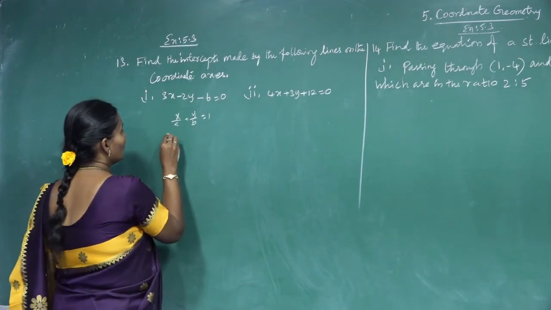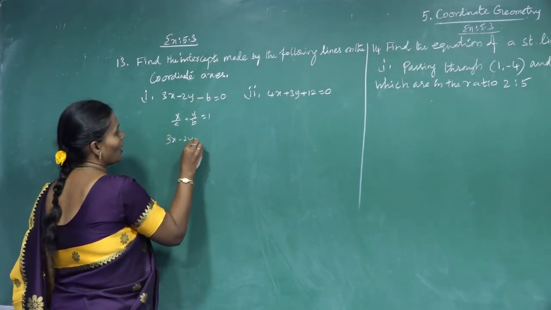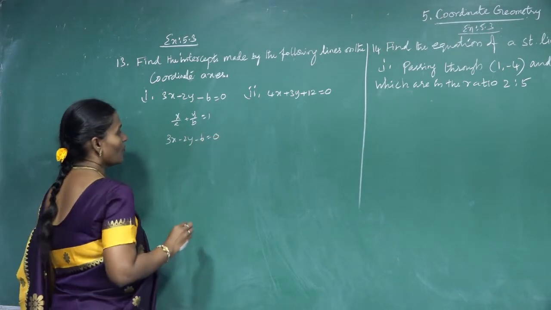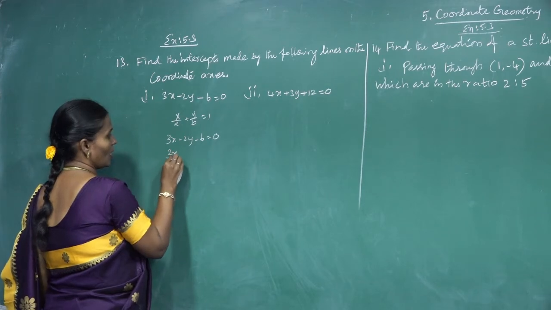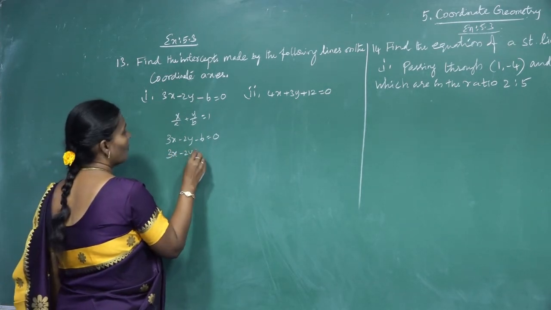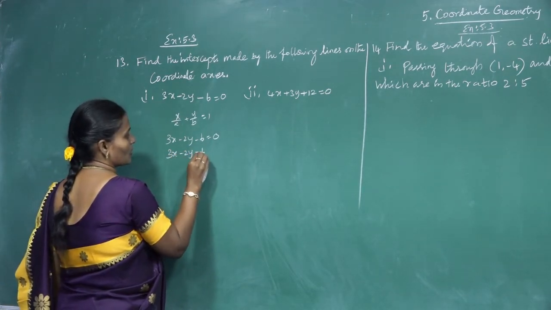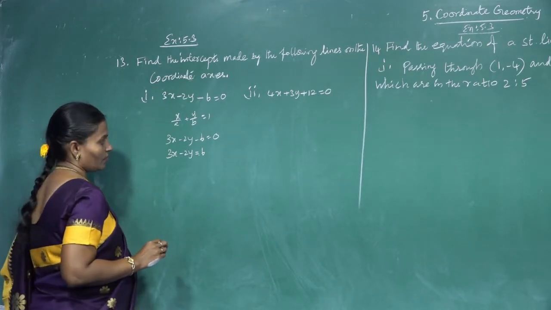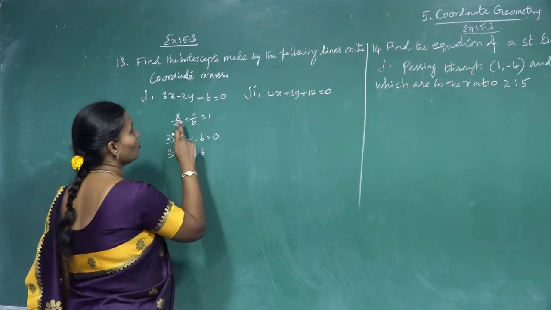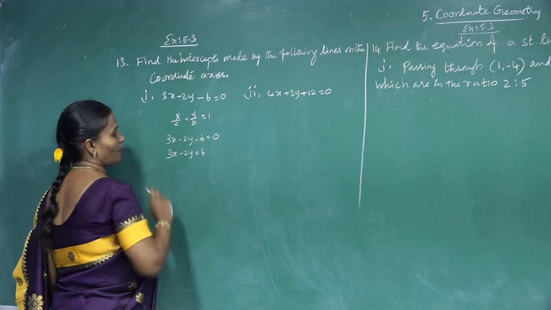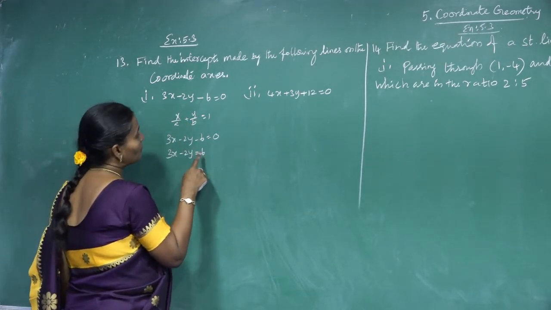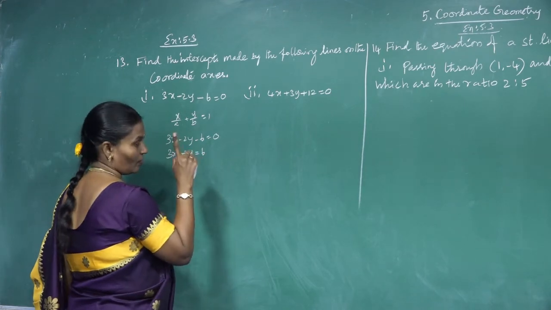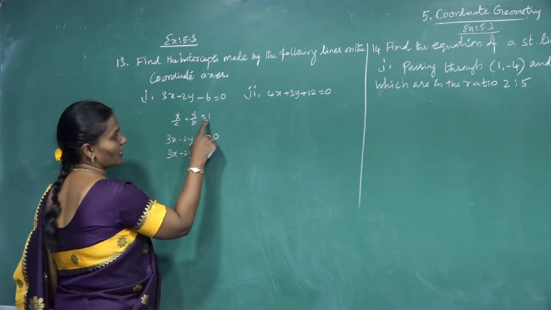So, 3x minus 2y minus 6 is equal to 0. This minus 6 you bring to the right side. So 3x minus 2y equal to 6. Now change it into this x and y intercept form. How do you change it? Here 6 is there, so you bring it into 1, because in the equation the right side is 1.